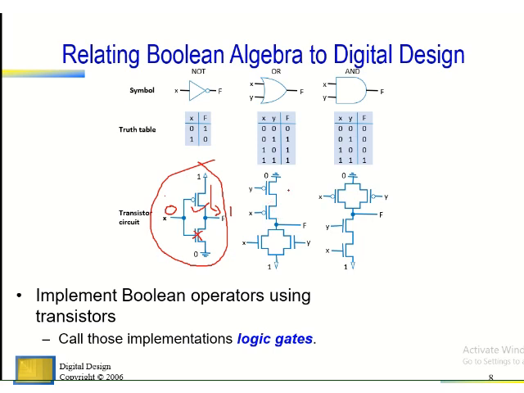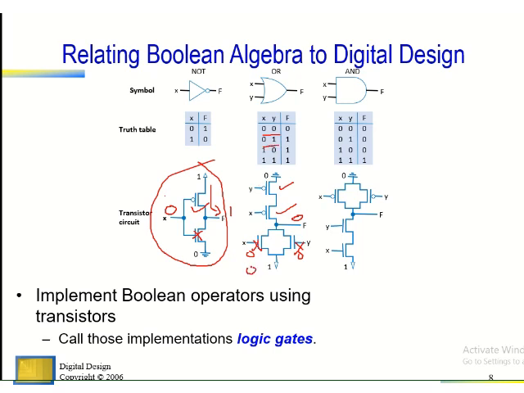Now let's have a look at an OR gate. For an OR gate, if I apply a 0 0 combination, obviously the NMOS will not conduct, but the PMOS will conduct. As a result, if this PMOS switch is also closed, you will receive a 0 over here. So for 0 0 you are receiving a 0. Now let's take an example of 0 1.